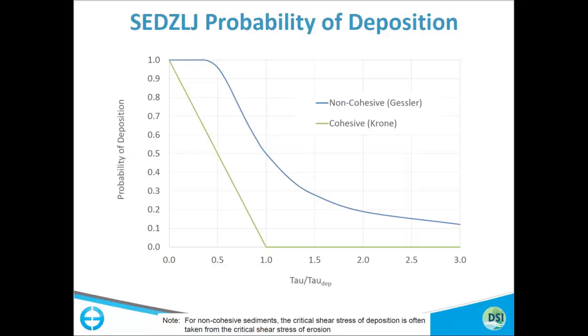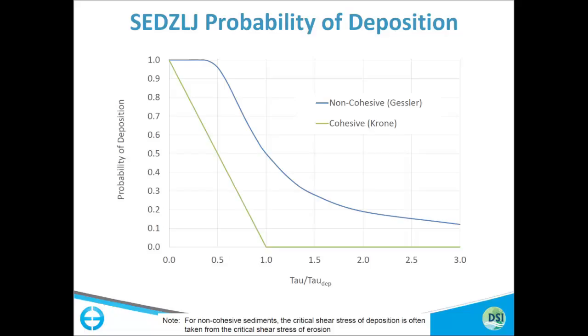This is the shape of the Gessler curve for cohesive or non-cohesive material. And you'll note here that when the applied shear stress is exactly equal to your critical shear stress for deposition for the non-cohesive, your probability of deposition is exactly 0.5. And then the rest of the distribution is a function of the error function.